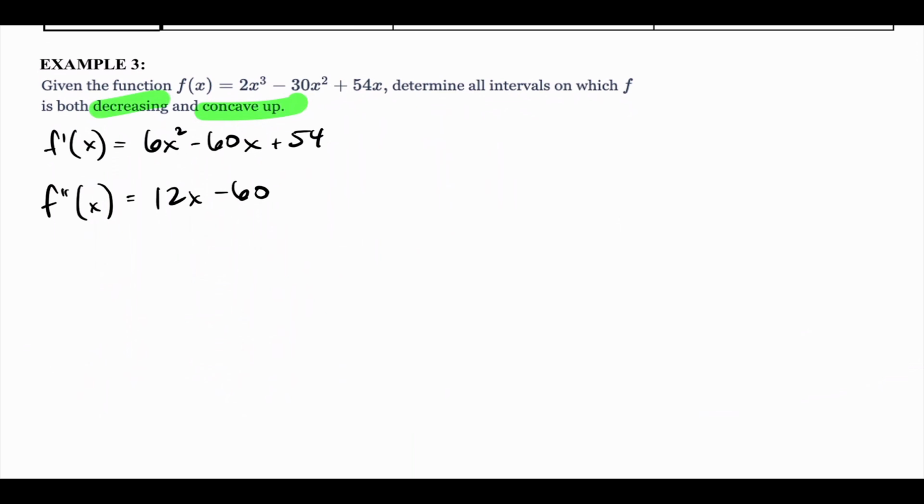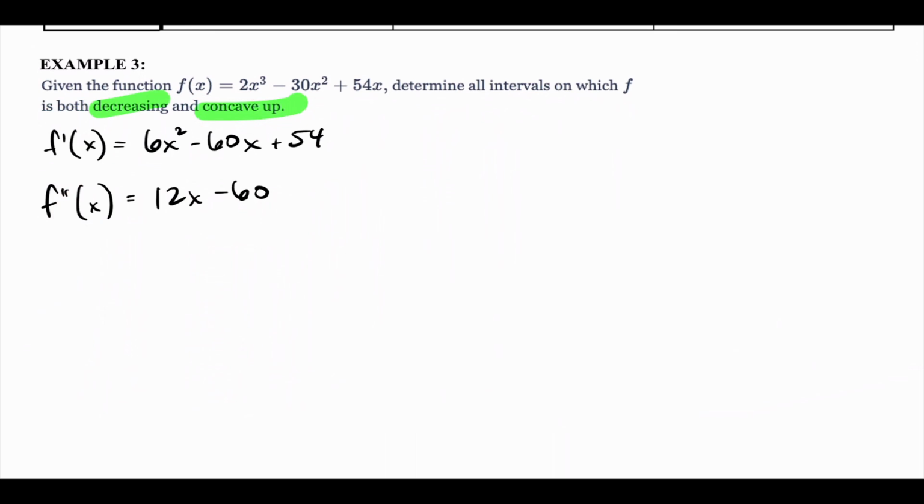Which one should I do first? Should I do increasing, decreasing, or concave up, concave down? Which one's probably easier to do? Concave up. That one's probably the easier one to do because it's linear. This is quadratic. So it doesn't matter which one you do. I need to know where it is increasing, where it is decreasing, where it is concave up, where it is concave down.